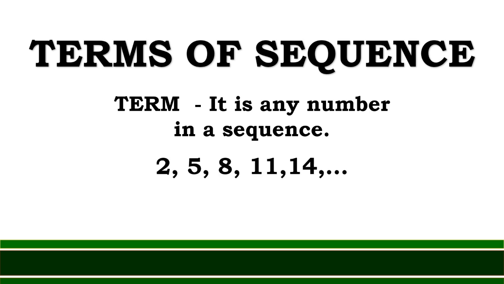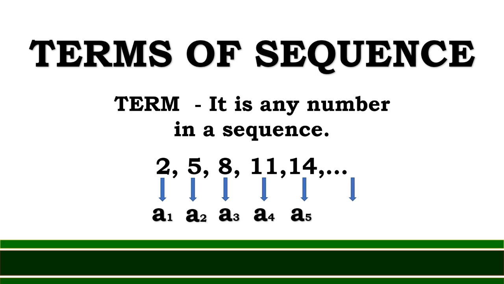So for example, I have here the sequence of 2, 5, 8, 11, 14, so on and so forth. 2 here represents your first term or a sub 1. 5 is your second term or a sub 2. 8 is the third term or a sub 3. 11 here is the fourth term or a sub 4, and 14 here is the fifth term or a sub 5, up to a sub n, or what we call the nth term.